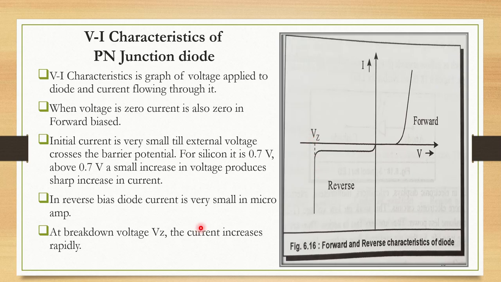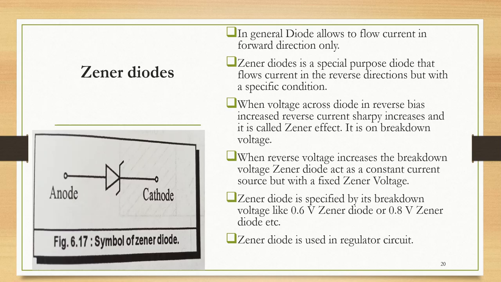That is the Zener effect. That is Vz. When reverse voltage increases beyond the breakdown voltage, Zener diode acts as a constant current source, but with a fixed Zener voltage.